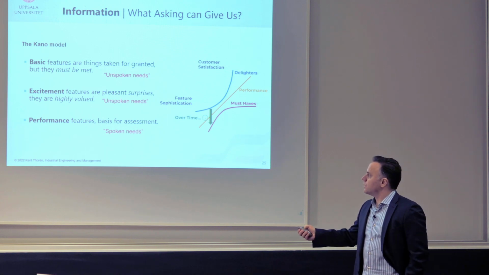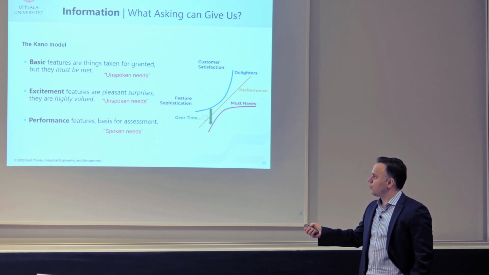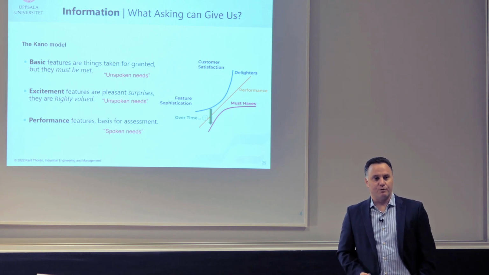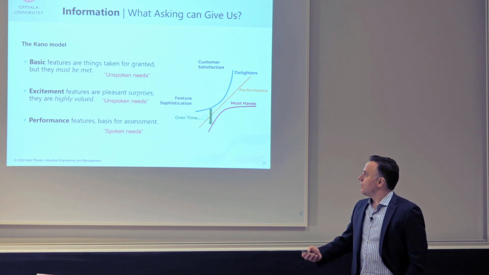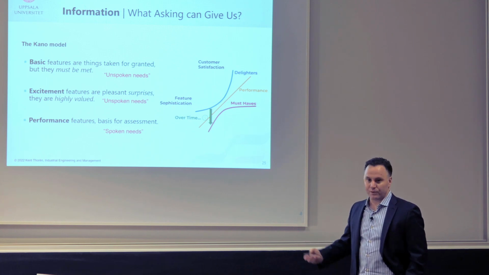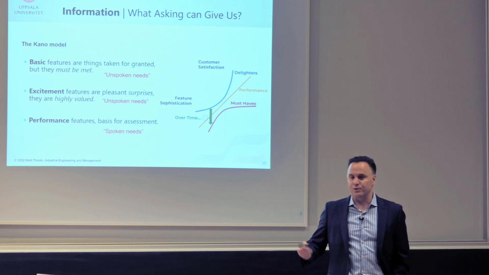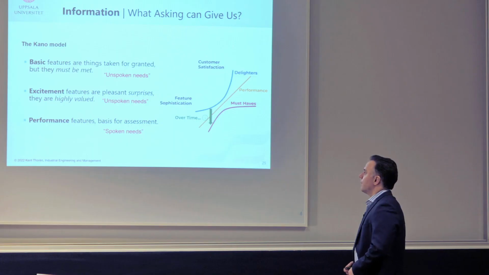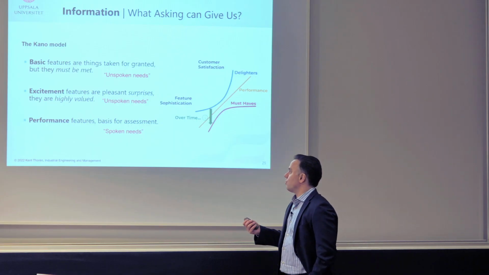Problem is, only performance needs are spoken. These you can get from interviewing customers. Surprises you can never get from customers, because if they know about what would surprise them, it would not be a surprise. But you can look at what cool things are happening in other service areas, get inspiration from something else and put that into this category, and it didn't exist there before. And then the basic things they will also not tell you.